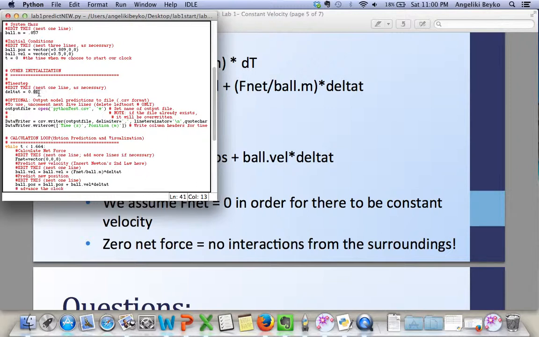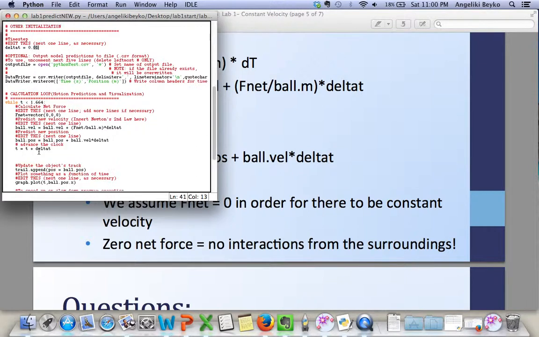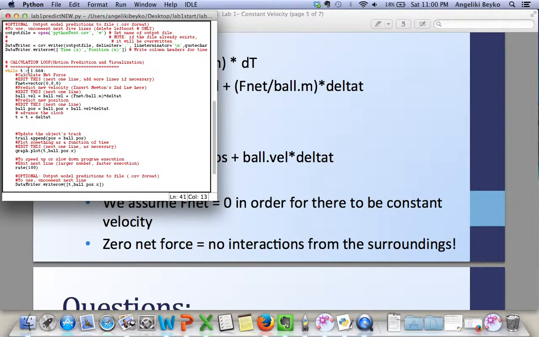The incrementing time is 1/100th of a second, 0.01. As long as the time is under the total length of time for the video, 1.664 seconds, it's going to iterate through this while loop, and it's going to keep reapplying Newton's second law over and over so that we get the model prediction.